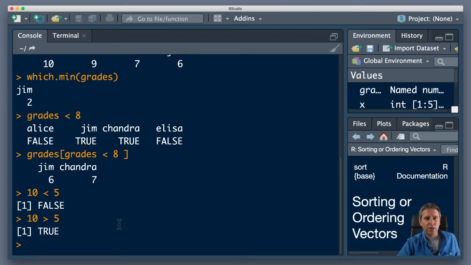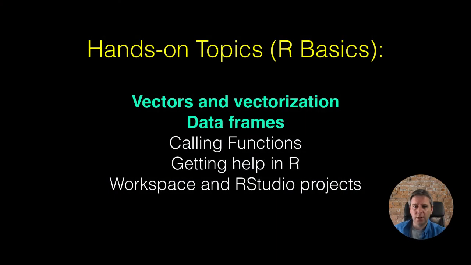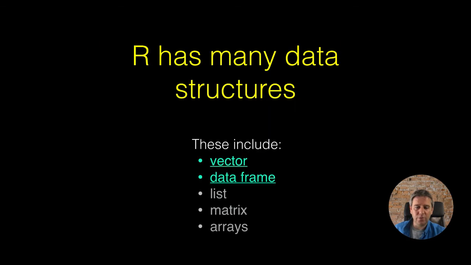Okay, so let me return here to our slide. So these are vectors that we talked about. Vectors are one of the major data structures within R, along with data frames, the other major one that we'll focus on in a second, and lists that we'll see a lot, as well as matrices and arrays.